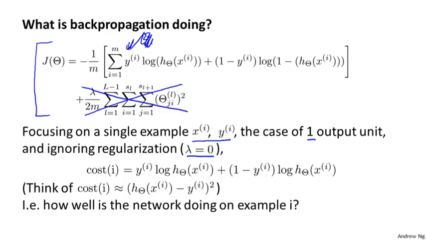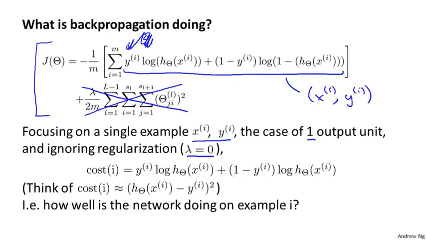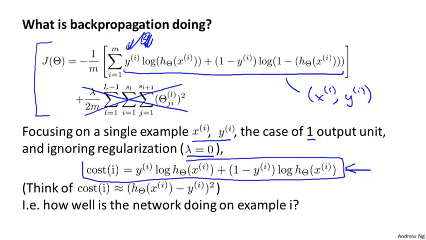Now, if you look inside this summation, you find that the cost term associated with the ith training example, that is the cost associated with training example xi, yi, is going to be given by this expression. The cost of training example i is written as follows. And what this cost function does is it plays a role similar to the squared error.